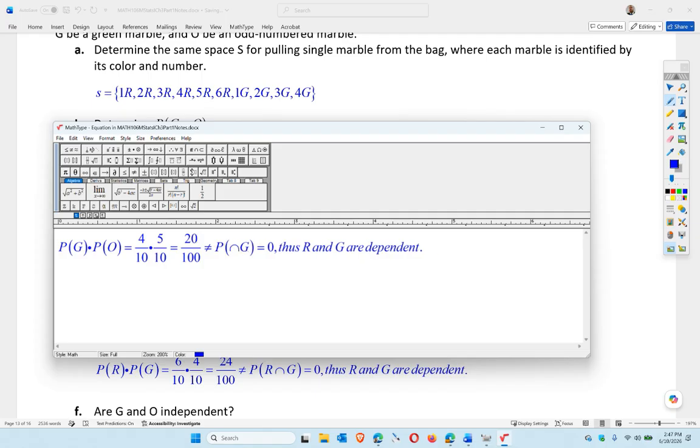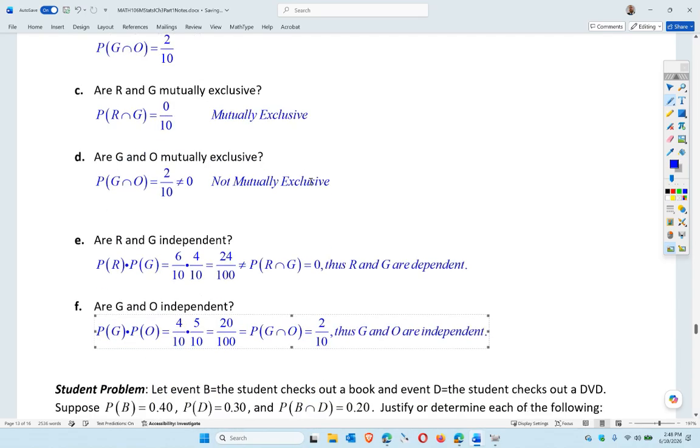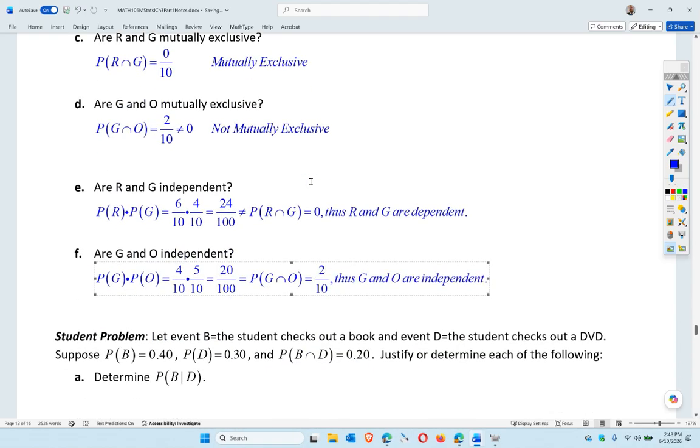So G and O, green and odd, we already did. That was 2, correct? So that's 2 out of 10. Well, I'm pretty sure 20 out of 200 is the same as that, isn't it? So that means G and O are independent, essentially, right? So green and odd are independent, right?